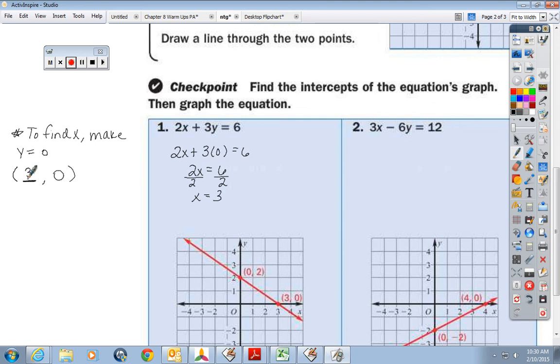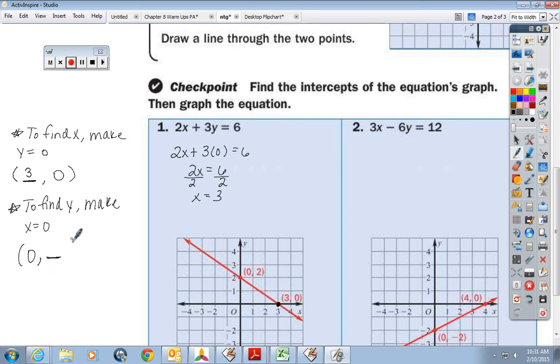Now you can go ahead and plot that. 3, 0, which is right there. Now I've got to do the same thing again, except I've got to find y. So to find y, I make x equal 0. So I'm going to get this ordered pair. It's going to be 0 comma something.